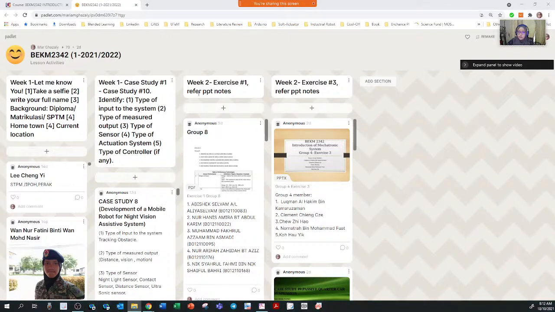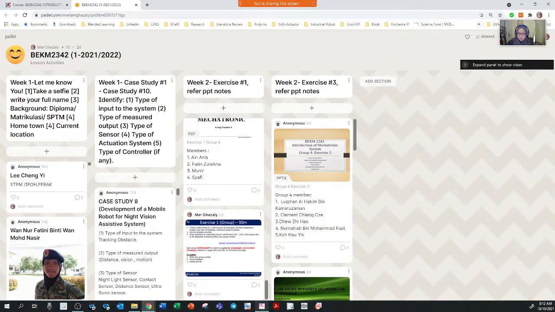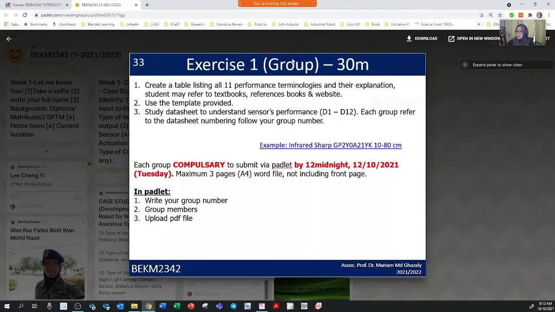Okay, exercise 1, what you did was you were given the types of terminology and explanation, and I saw that most of the students did well based on the data sheet given. So what was this task about?